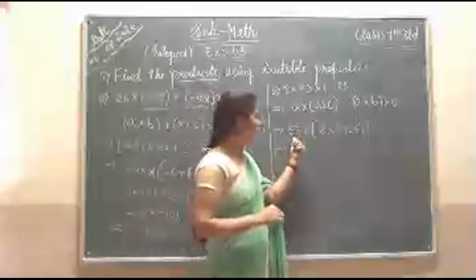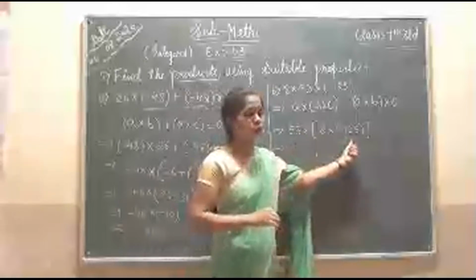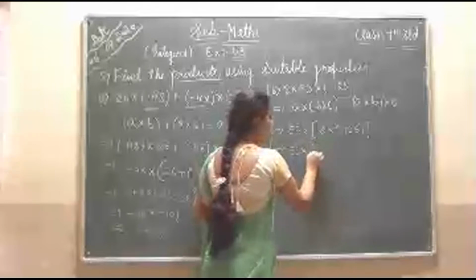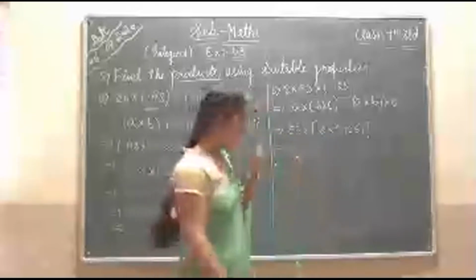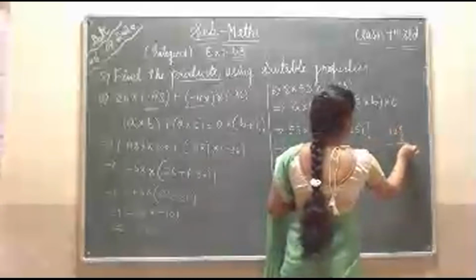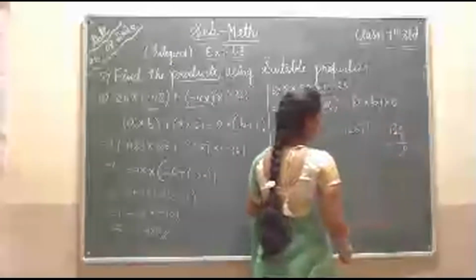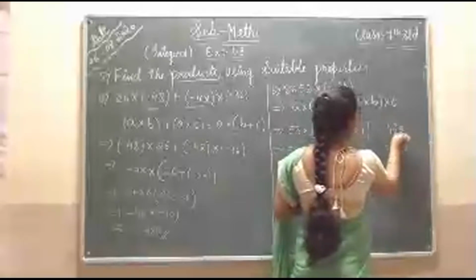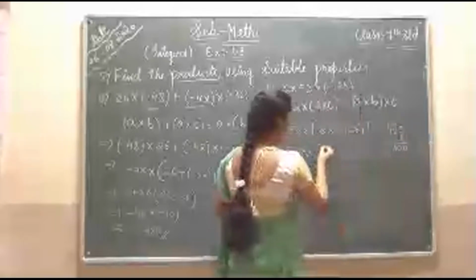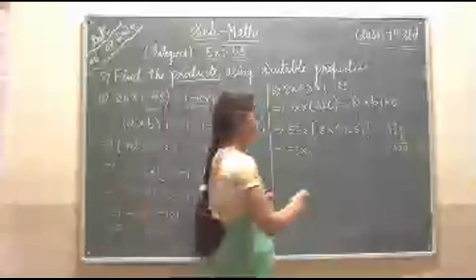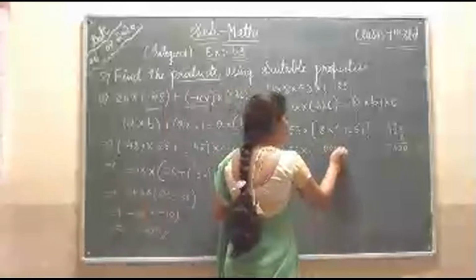So take this as A, and B into C. Now 53 keep as it is. 8 into 125, multiply here. 8 5s are 40. 8 2s are 16. 1000. So while we are multiplying 125 into 8, we will get 1000.